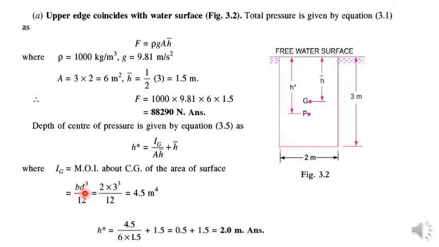For a rectangular surface, it is b d cube divided by 12. With the width 2 meters and the depth 3 meters, you take the cube of it and divide by 12, and finally you get 4.5 meter to the power 4. So the center of pressure can be calculated by inputting all of the values, and you will get 2 meters as the answer.